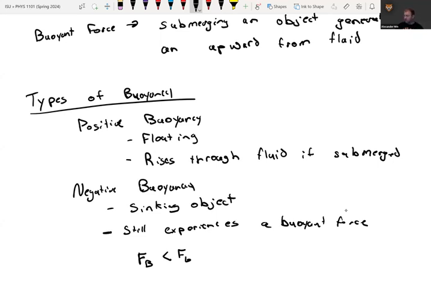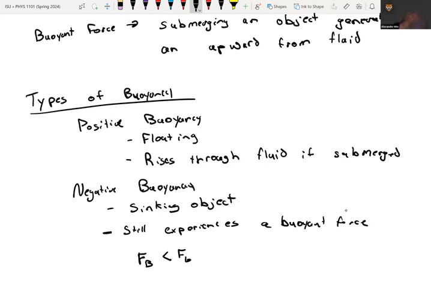If you've ever been playing at the pool, you may have noticed that it's not that hard to hold up a person with one hand, even though you couldn't do that if they were in air. Even if they're a sinking object, their buoyant force makes them significantly lighter. So that is what buoyant force does. And we'll get to that in a minute.